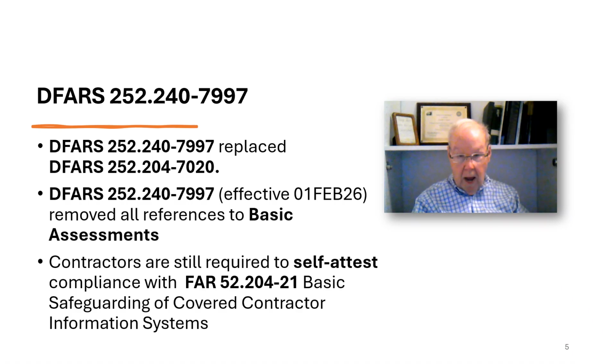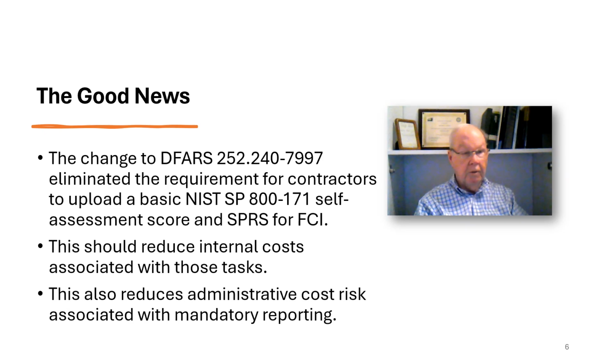However, keep in mind, contractors are still required to self-attest. The old 7020 document set it up so that you had to do a self-assessment. Now this one doesn't say so, but you still have to self-attest because of the -21 document. So you have to be in compliance with the -21 document.